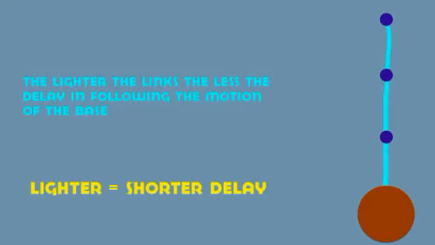The lighter any link is, the less its delay is, relative to its position in the chain. So my lumbar already has a very, very small delay, but if it's light, it's got next to no delay whatsoever, because the lighter the link in that chain is, the less its delay.